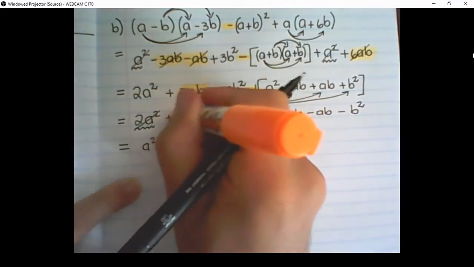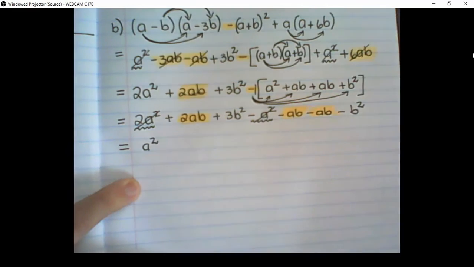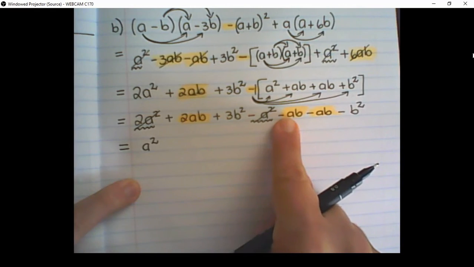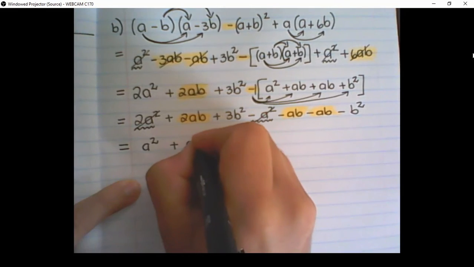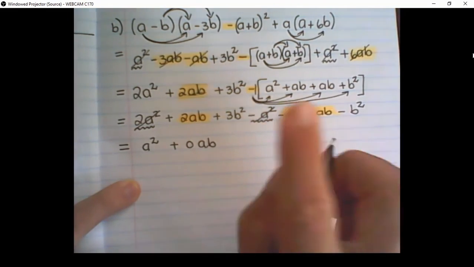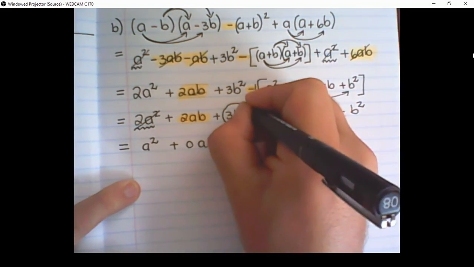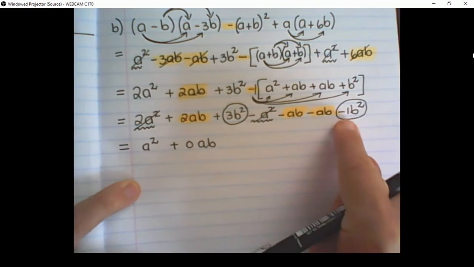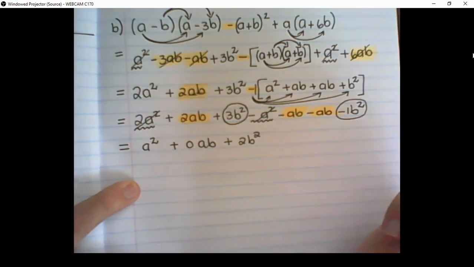We have plus 2ab minus 1ab minus 1ab. So 2 minus 1 is 1, and then I subtract another 1, so it is 0 ab's. And lastly, we have 3b squared, and negative b squared is also a like term to 3b squared. So it is 3b squared minus 1b squared, which is plus 2b squared.